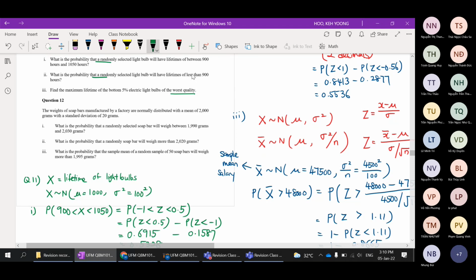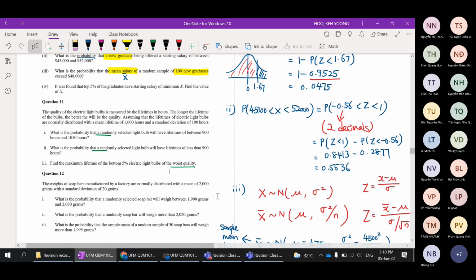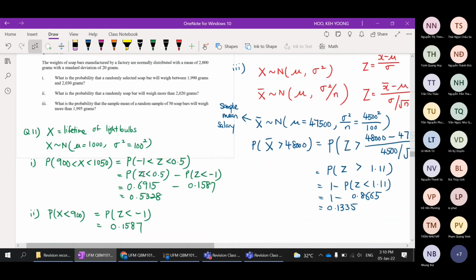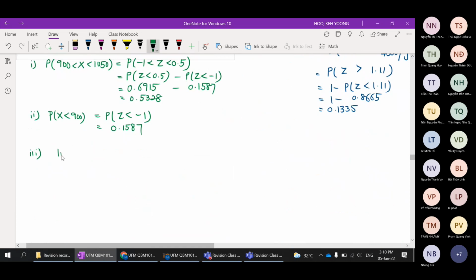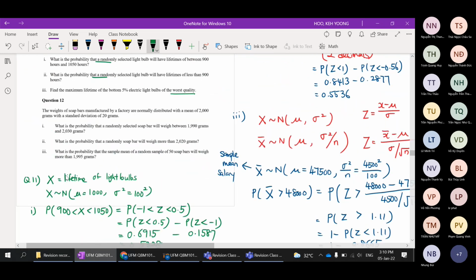On average they have a lifetime of 1000, but this is the worst quality, so they will have a shorter lifetime. Mean is 1000, so your worst quality should be on the left hand side. This is the worst 5%.